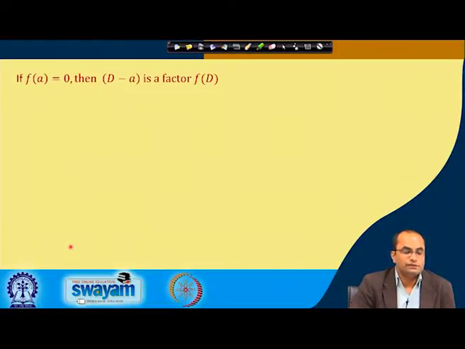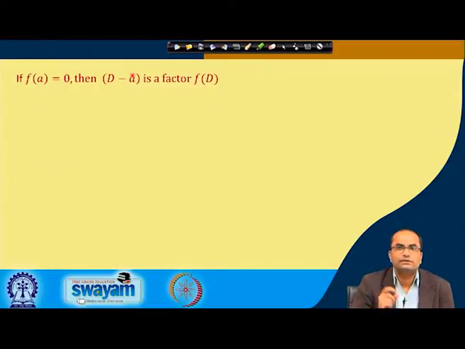So, now this is precisely the case, when we take that f(a) is equal to 0. Then definitely D minus a is a factor of f(D), because something is making this 0, and this function is a polynomial function. So, there is a factor D minus a which is making 0, either D minus a, or (D minus a) square, or (D minus a) cube.